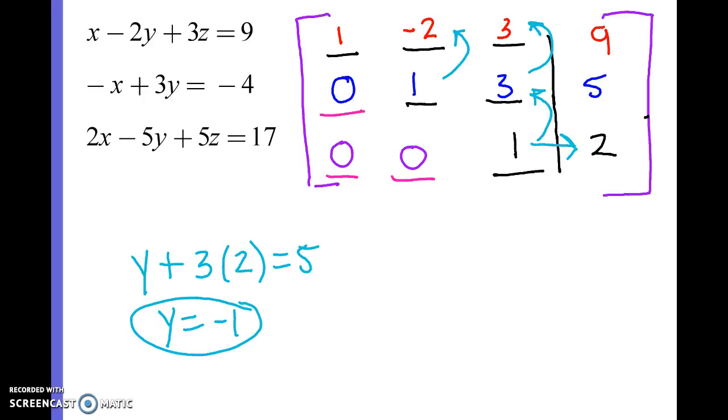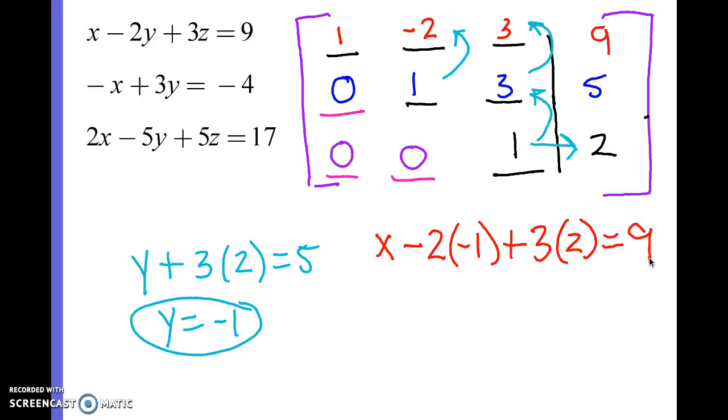So now my first equation is 1x, so x, minus 2 times y, and y had a value of -1, plus 3 times the value of z, and z obviously had a value of 2. All of that, according to my first equation, is equal to 9.